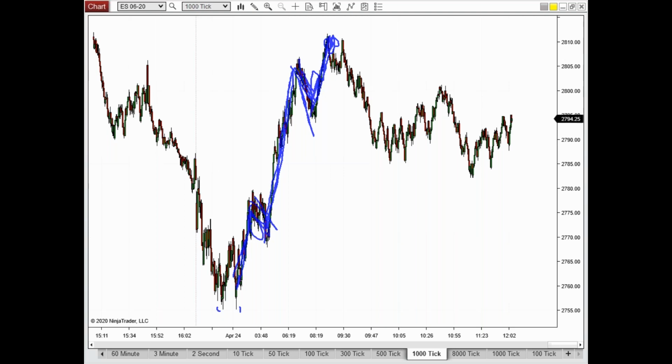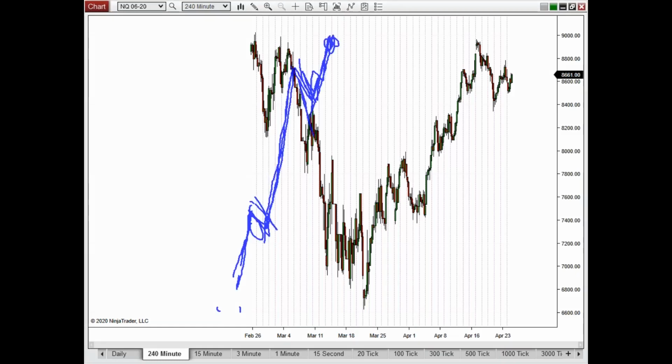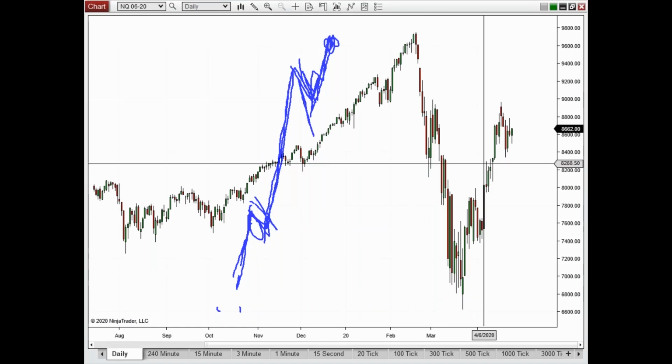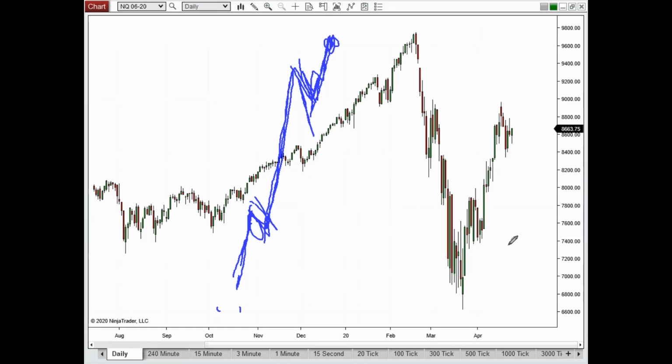Notice how close that looks to what we had happening on the Nasdaq on the daily chart. So if it does hold like that, about there where that breakdown is, that's what we would be looking for. So that's one possibility.